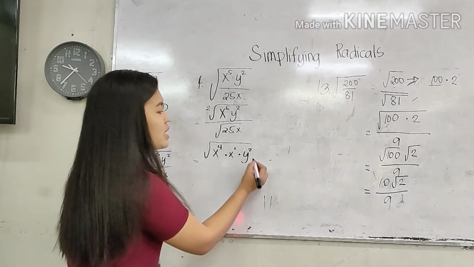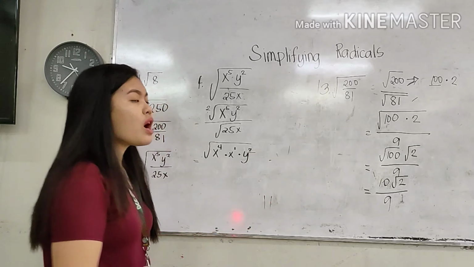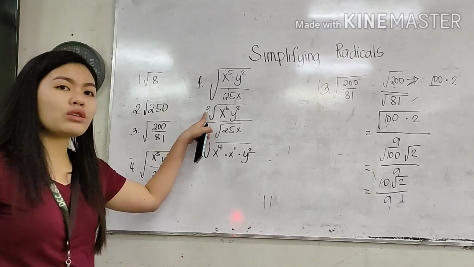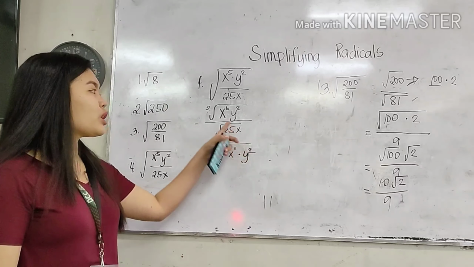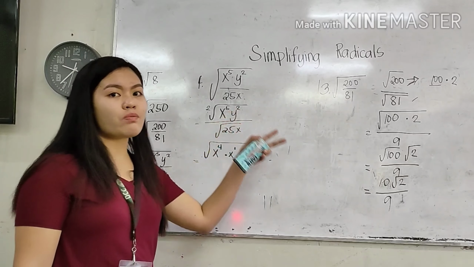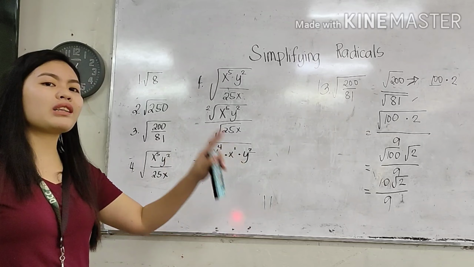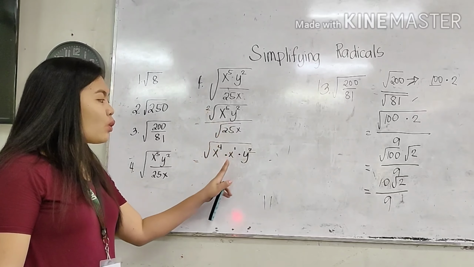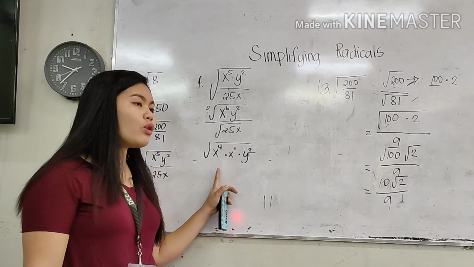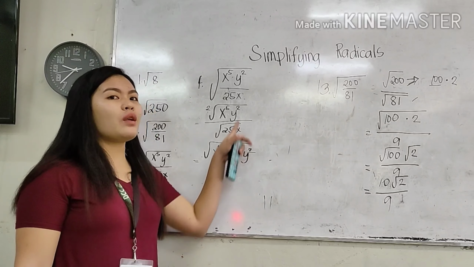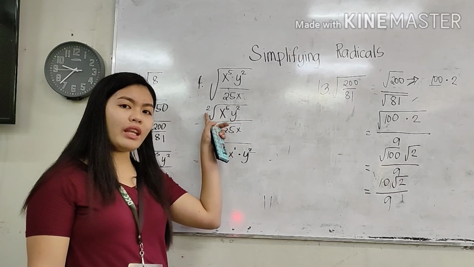Because its exponent is 2, and 2 is divisible by 2, which is our index. So if we're going to factor the radicand with exponent, always think what your index is. So the exponent of your factors should be divisible by the index.